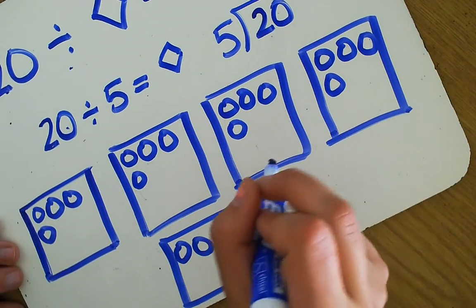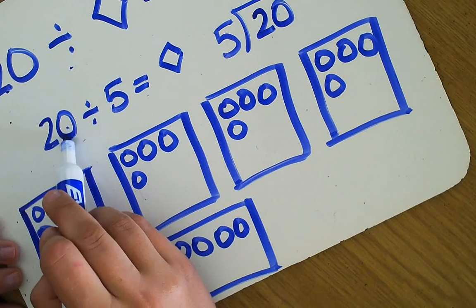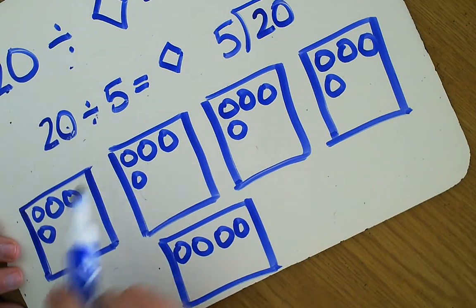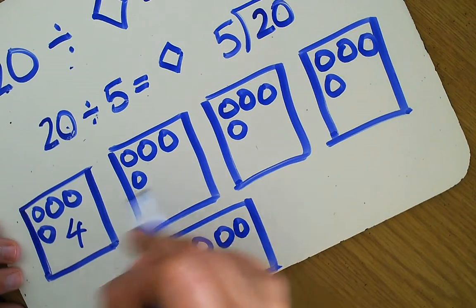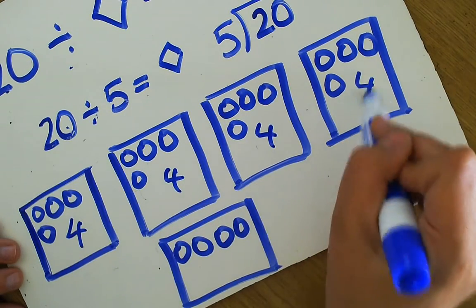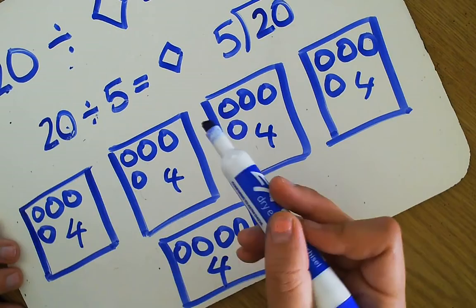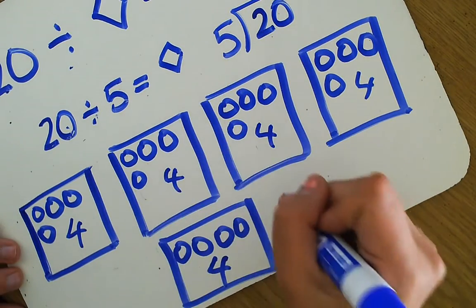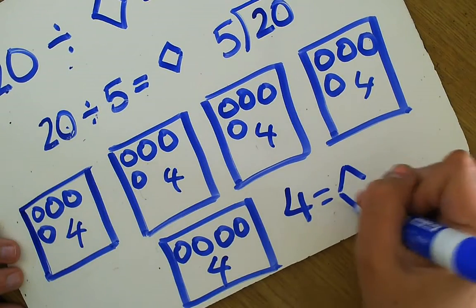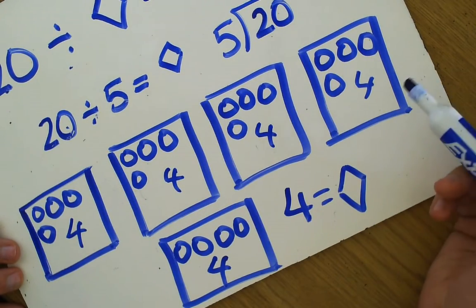So I finished. I divided my 20 counters into 5 groups, and how many are in each group? There are 4 in this group, 4 in this group, 4 in this group, 4 in this group, and 4 in this group. So 20 divided by 5 is 4. So my unknown variable equals 4.